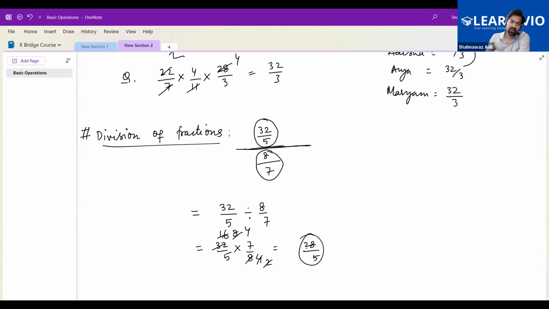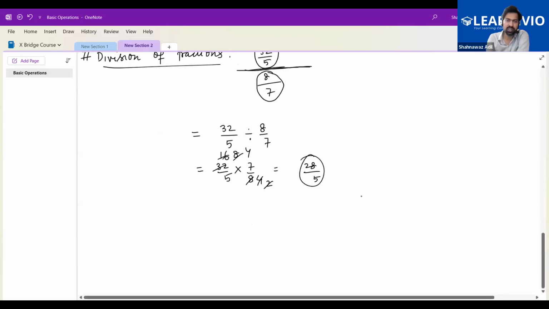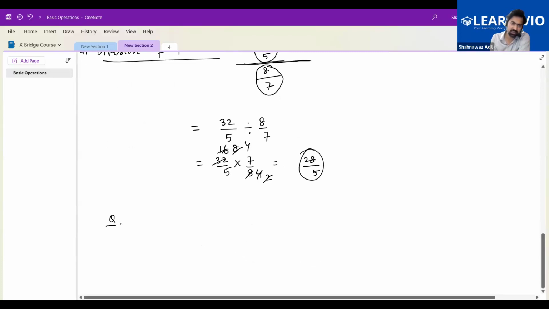Yes. Okay, let me give you a very simple question. This operation on fractions you will require in light reflection and refraction, and also in electricity and charge, and in mathematics too. So let's say you have 42 by 8 divided by 3 by 20. So what is that?